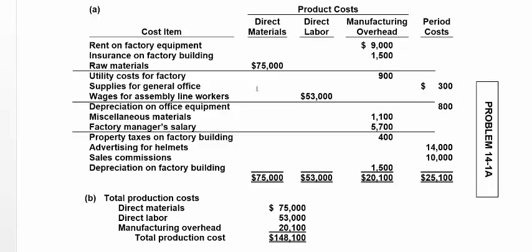These other types of cost, we are going to be carrying them as inventoriable cost. In other words, they sit on our balance sheet until the items have been sold.